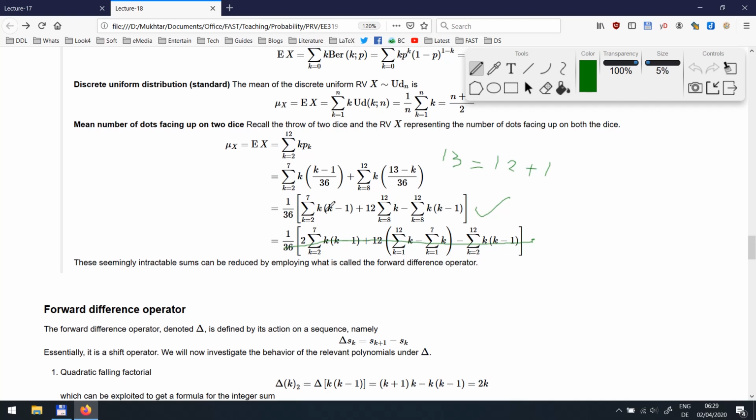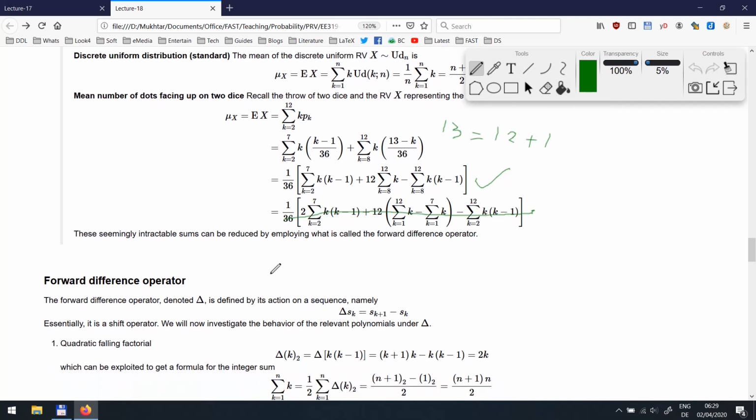You have a falling factorial. Remember, it's k minus 1. You have this falling factorial with two factors. It's not very straightforward to deal with these sums. Of course, you can find formulas on the internet, but you don't get inspired by those formulas. They don't show the logic behind.